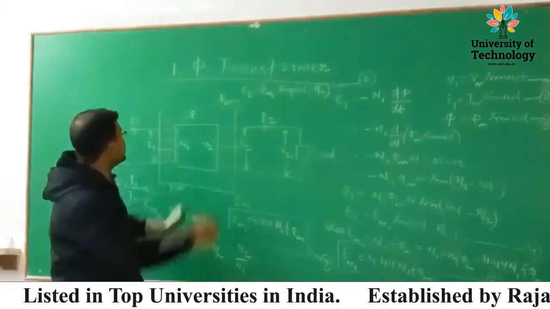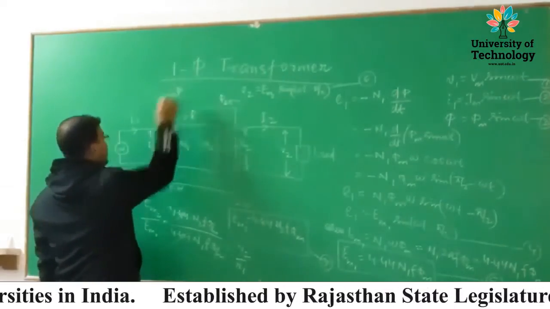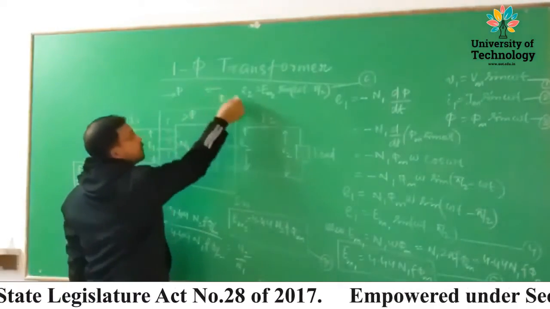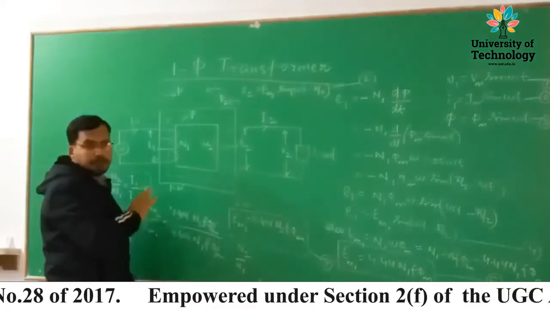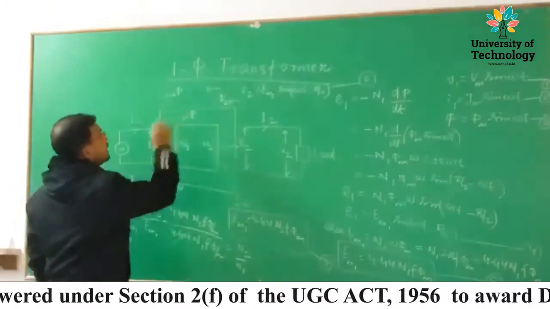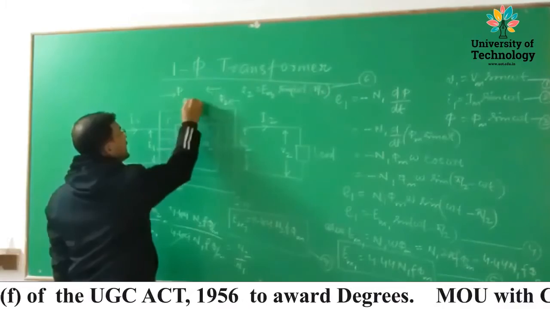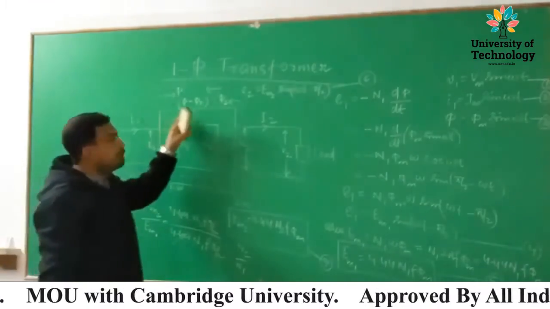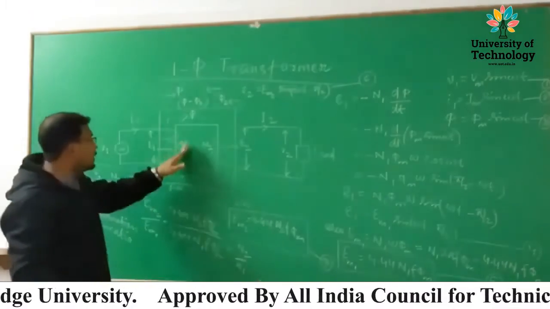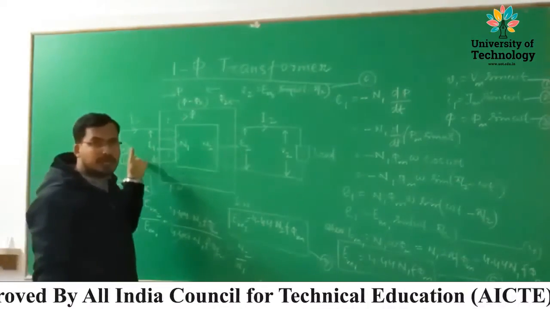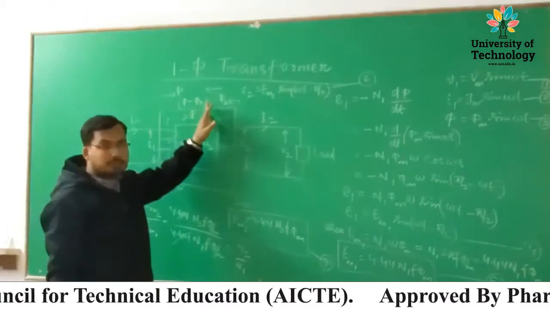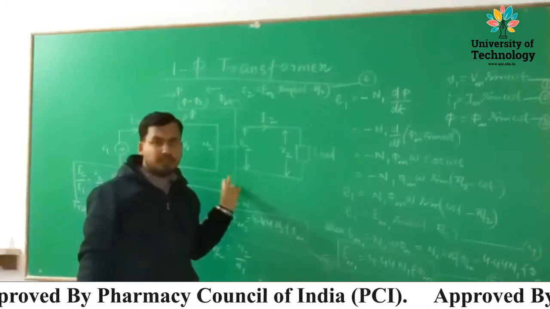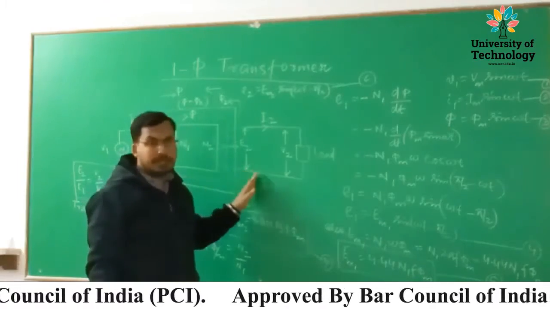Now the total flux which is already produced due to the main voltage V1 gets opposed by this flux phi2. So the total flux now remaining is phi minus phi2. This phi minus phi2 would reduce the efficiency of the transformer, and it cannot be allowed because the supply voltage we are giving is nearly a constant voltage with constant magnitude.